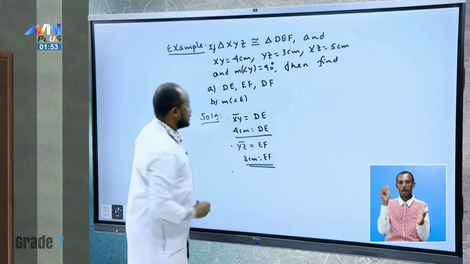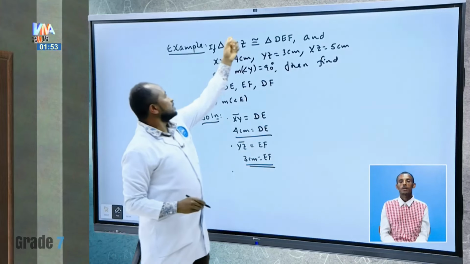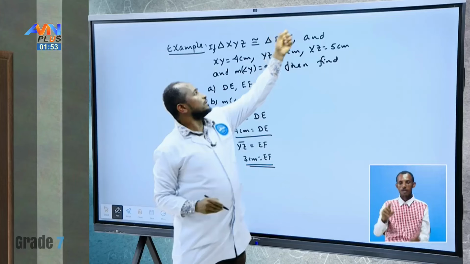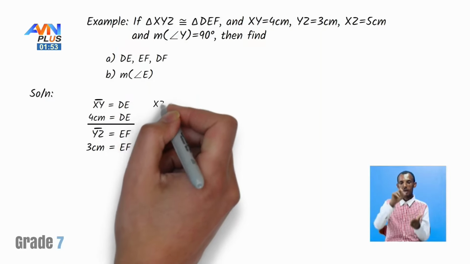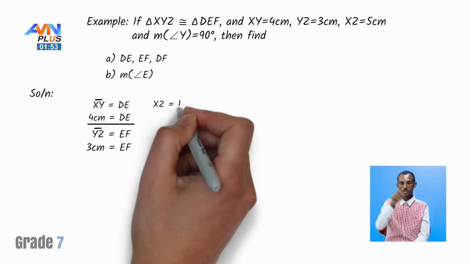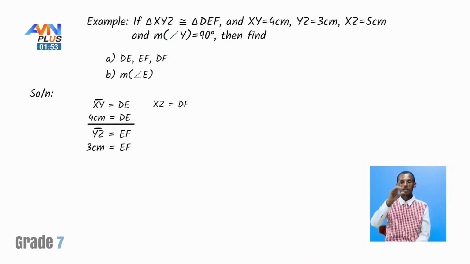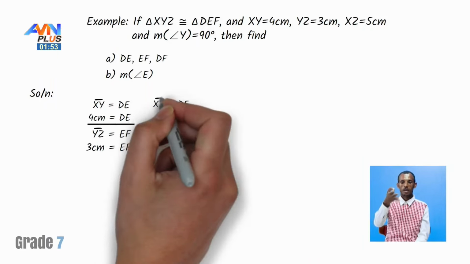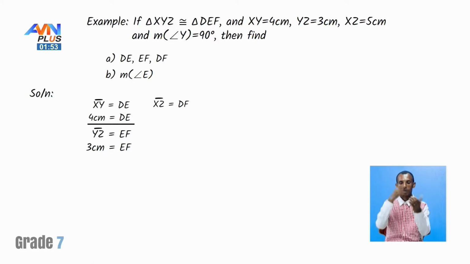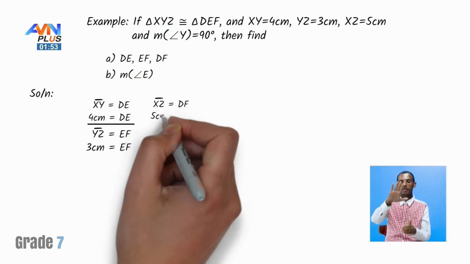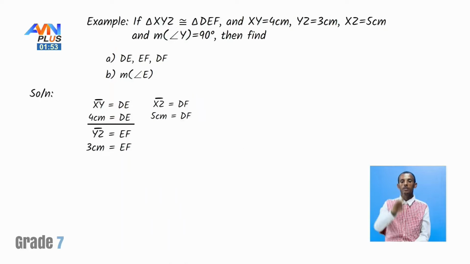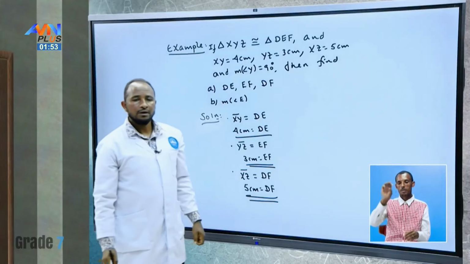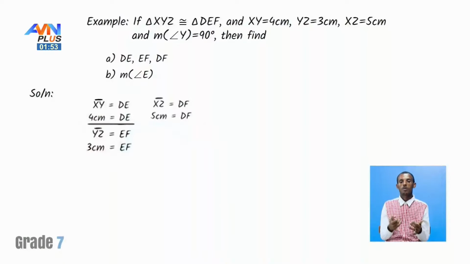Again, here, XZ is congruent to DF. Therefore, the length XZ is equal to the length DF. XZ is 5 centimeters, so DF is also 5 centimeters. Now, one more question here.